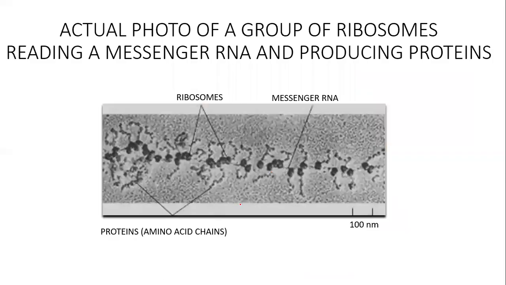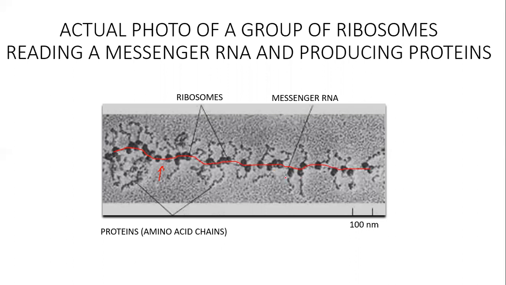Now, this is an amazing photograph of the process actually happening for real. These are a series of ribosomes here. These are all a bunch of ribosomes, all these dots. And if you look carefully, you'll see there's a sort of strand that is going through all of them. That's the messenger RNA.